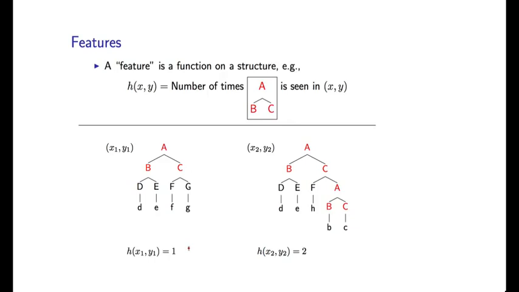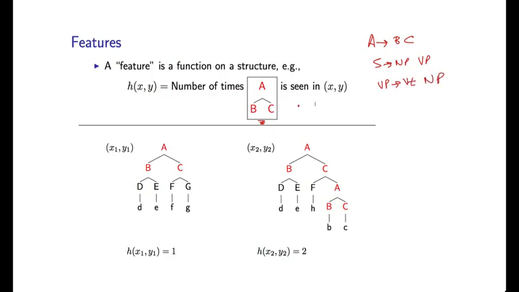A very common type of feature will be a feature which counts some kind of substructure within the structure we're looking at. So for the parsing case, for example, it would be very natural to define a feature which counts the number of times a particular rule, say A goes to BC, or S goes to NP VP, or VP goes to Vt NP.